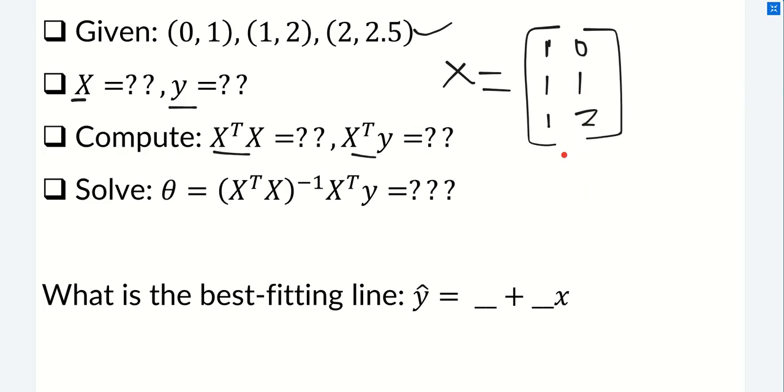So this is the constant term. And these are your variables. So this is your x, this is another x, this is another x. But if you're coming out with the matrix x, we need a constant term. Without a constant term, it will be difficult for us.